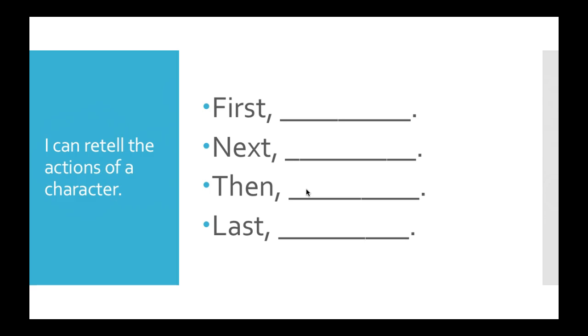So, in all, our objective was I can retell the actions of a character. Were we able to do that, friends? Yeah, we used first, next, then, last to order the actions that Pauline and John took in order to be able to sell their lemonade. They had to first, come up with the idea.